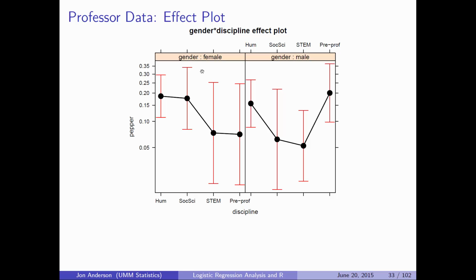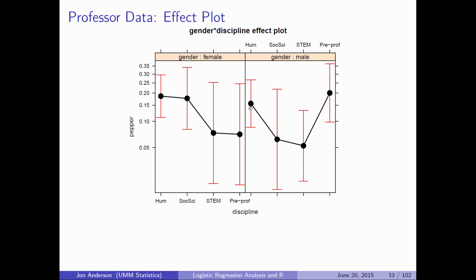You can see that for female faculty, being in the humanities and social science has higher probabilities of getting a pepper rating, and for science and pre-professional it's lower. When you look at the panel for male faculty, it doesn't really look quite the same.